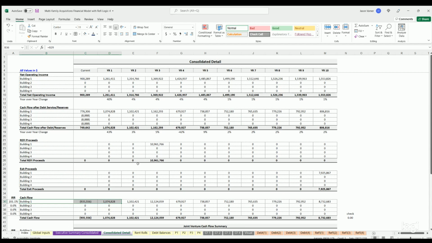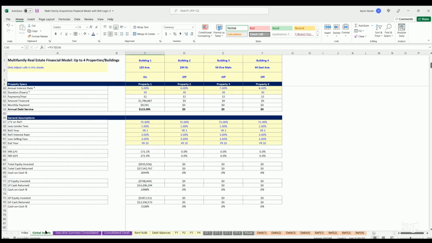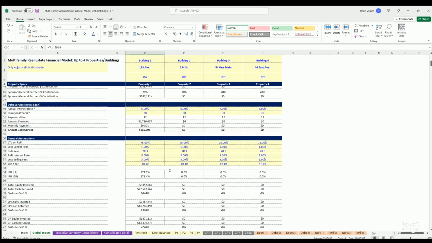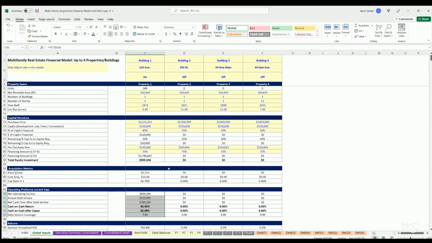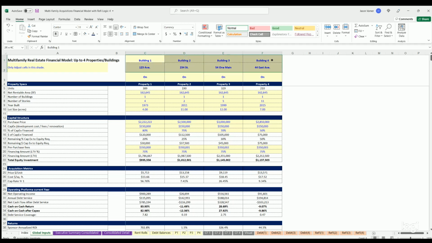Lots and lots of work went into this. Lots of sanity checks, really making sure it all is correct. It's all lined up. So the basic flow here is you've got up to four properties you can model. You put in the building name or property name and the address.